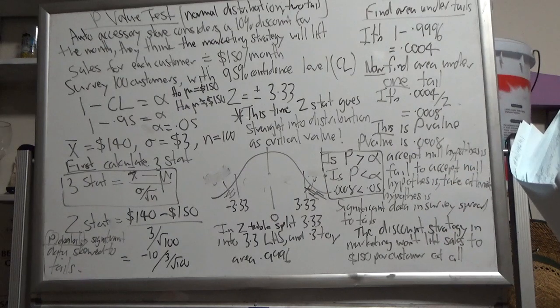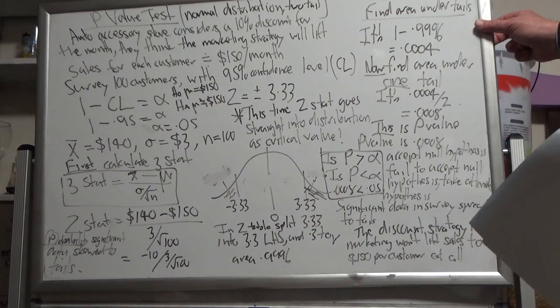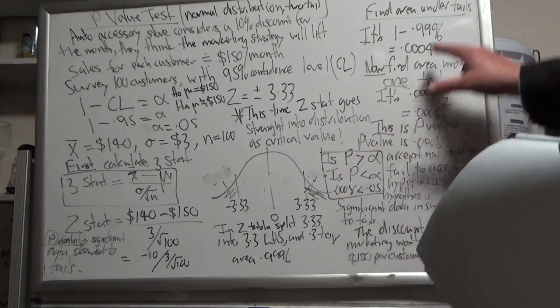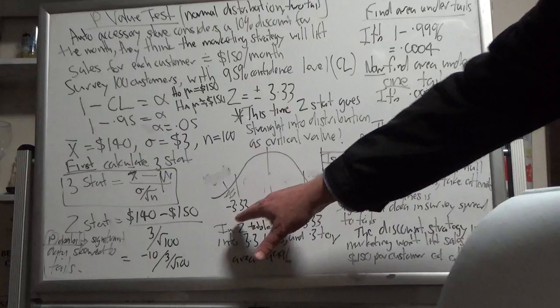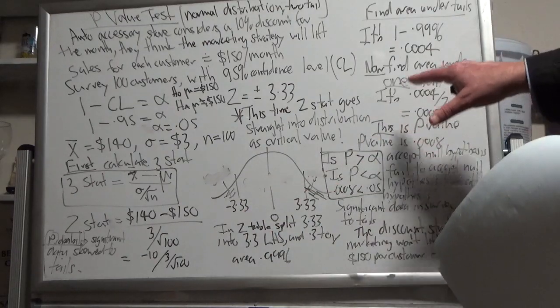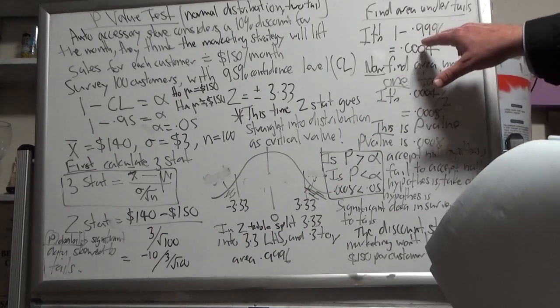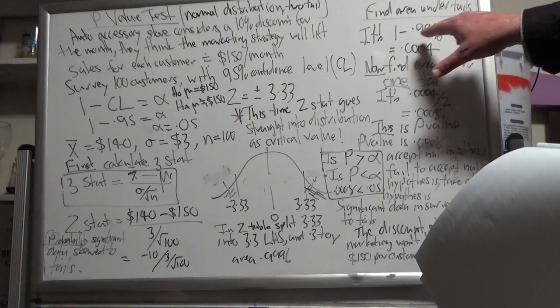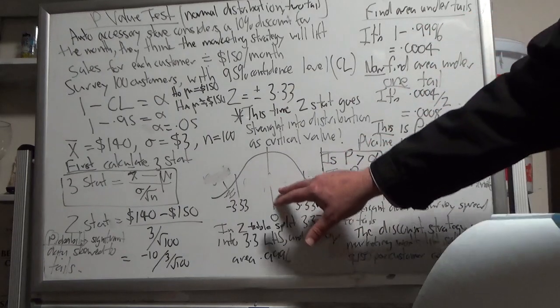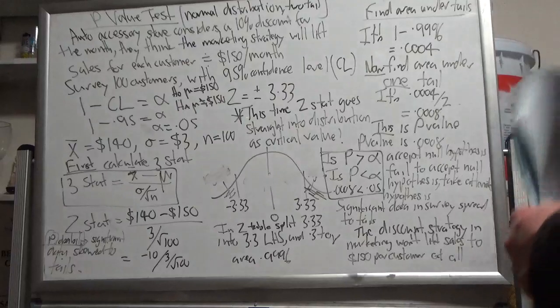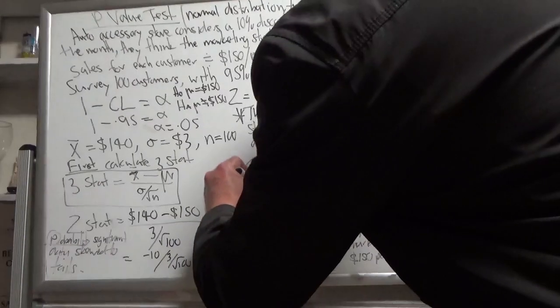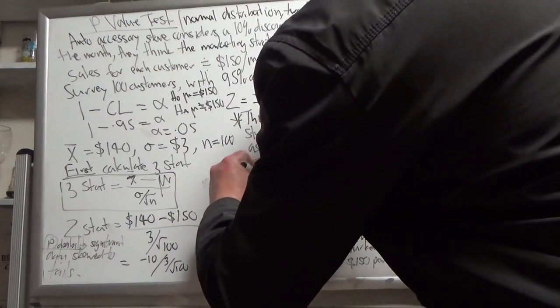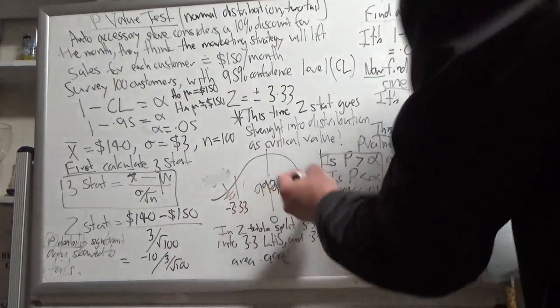Okay? So just to sum up, we got the area under the curve with the critical value, right? Using that, we get the area under the curve. You go 1 minus 0.9996. Why? Because that 0.9996 is the area between there and there.